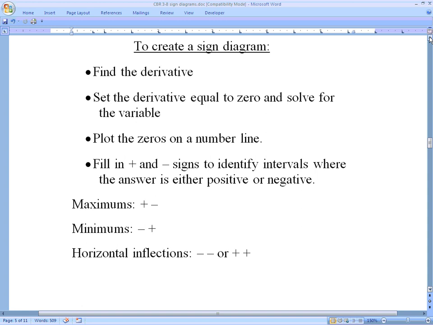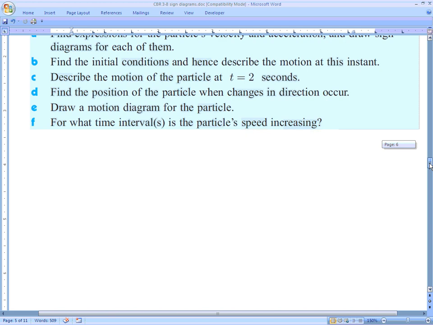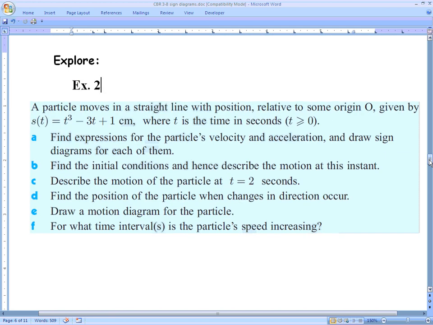We'll talk about that in a minute. And then we have maximums wherever it has a plus-minus combination, minimums wherever it has a minus-plus, and horizontal inflections wherever we have the same sign twice in a row. So again, you can write those steps down, and then we'll actually see what I mean by all that on the next example.